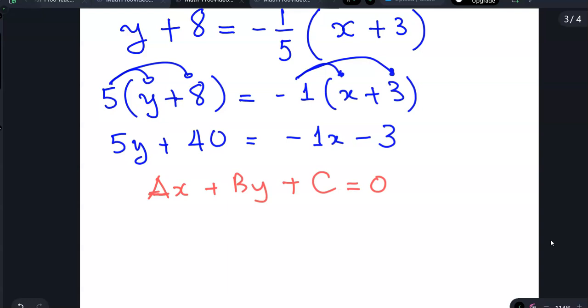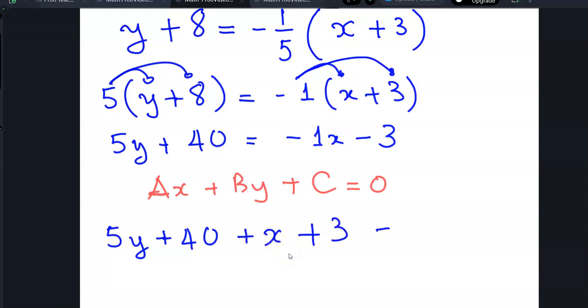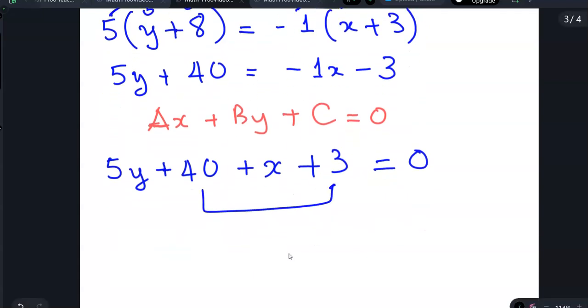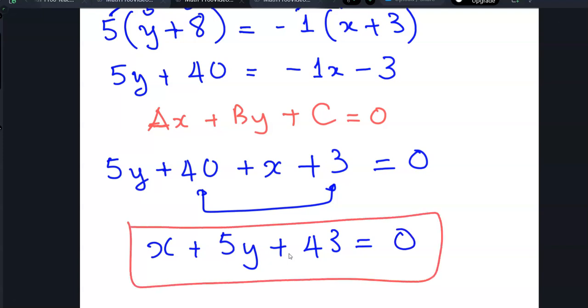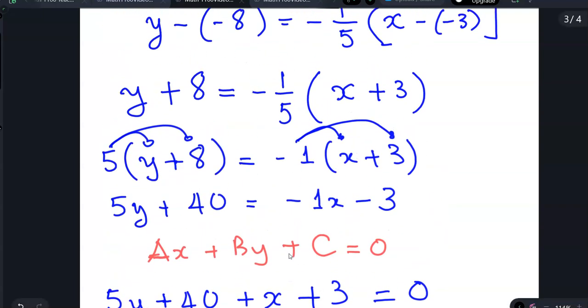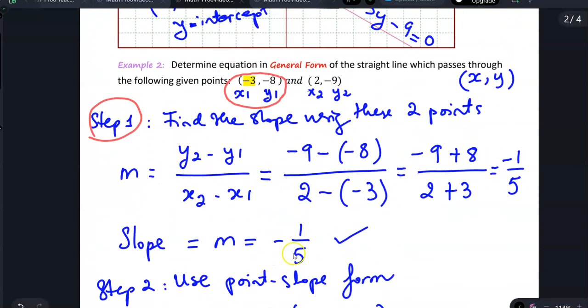So what you do is you bring everything over to one side. So this will be plus 1x, I just write plus x because it's negative 1x, bring it over, it's a plus 1x, I don't have to write a 1. So plus 3 equal to 0. Collect these two terms. So I have x plus 5y plus 43 equal to 0 is the equation in general form given the points of negative 3, negative 8, and 2 and negative 9.